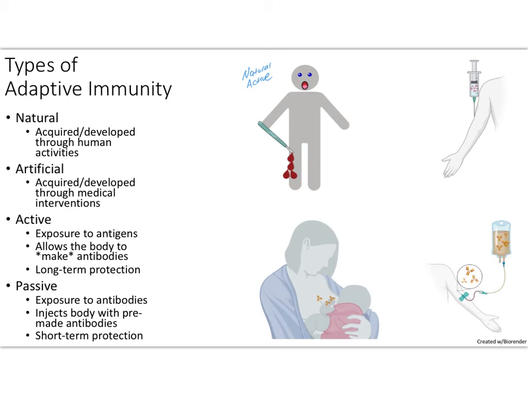At that time, their innate response is going to kick in. The innate response is going to go ahead and activate that adaptive response. The adaptive response is going to develop, and that person's body is going to produce antibodies to the antigens. So I'm just going to go ahead and write a few things there so that you can write some things in your notes.